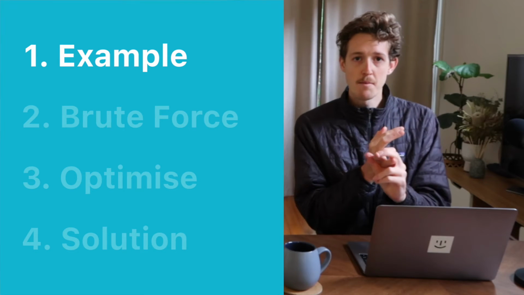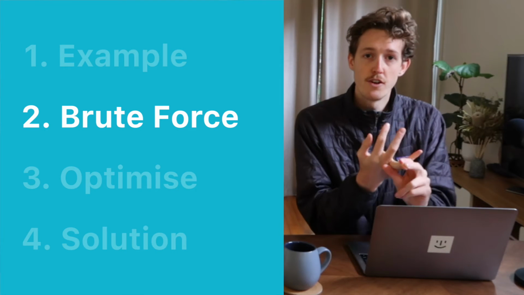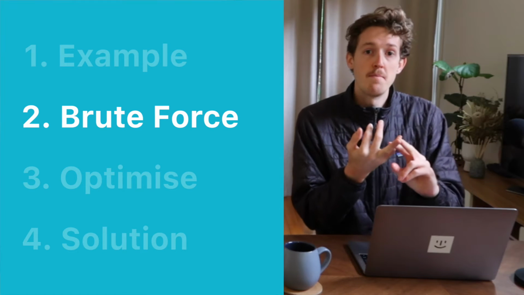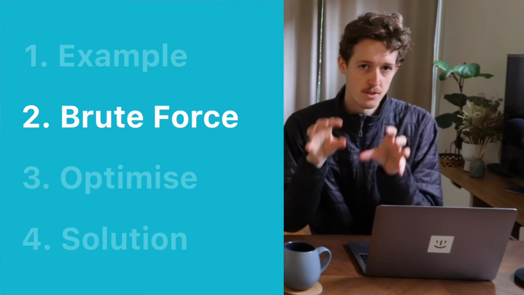Once we've got the example down pat, then I think, can I come up with the naive solution, the first crack at it? It might be a brute force solution, but you definitely take a solution over no solution.